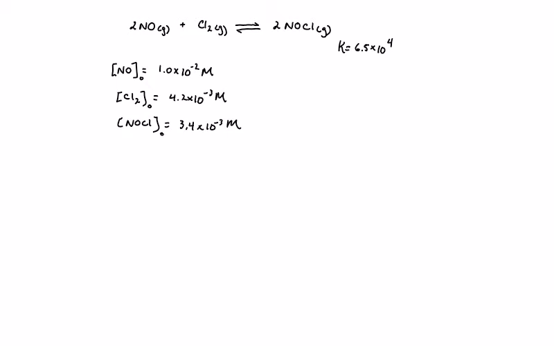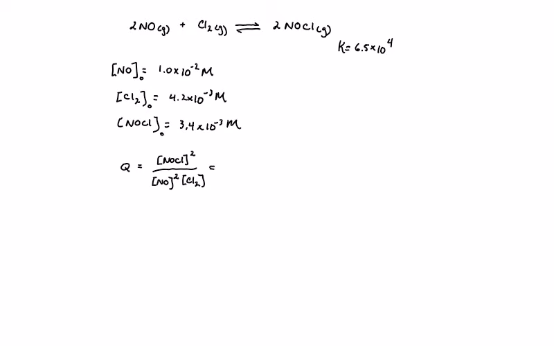Okay, what we need to do is to figure out whether or not this reaction is at equilibrium. And the way that we do this is by calculating Q. The expression for Q is going to be exactly the same as the expression for K. So it's going to be the concentration of the product, NOCl, raised to its coefficient, which is 2, divided by the concentration of nitrogen monoxide raised to its coefficient, which is 2, times the concentration of chlorine raised to its coefficient, which is 1.